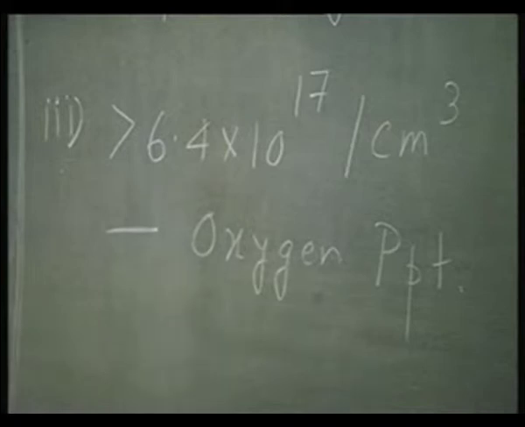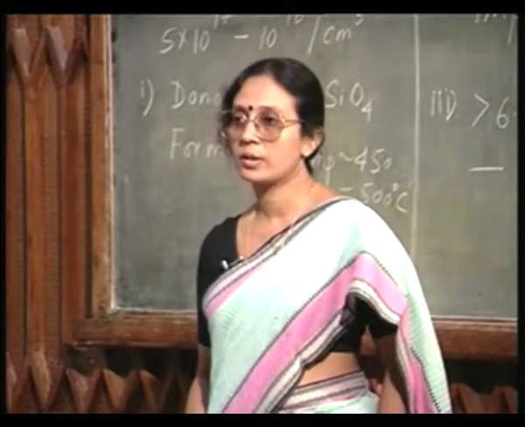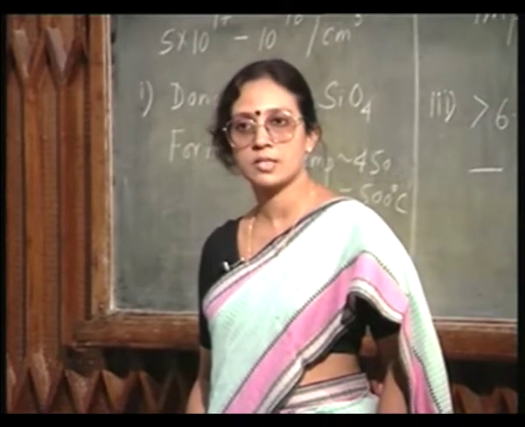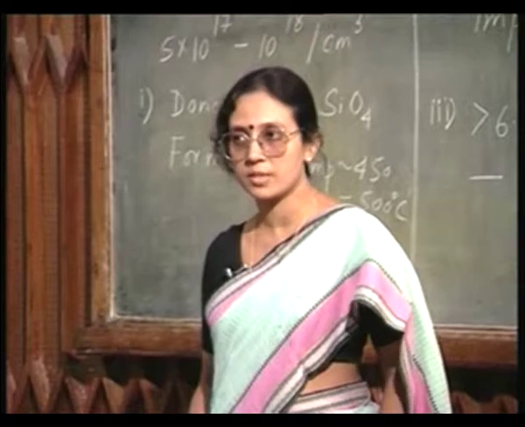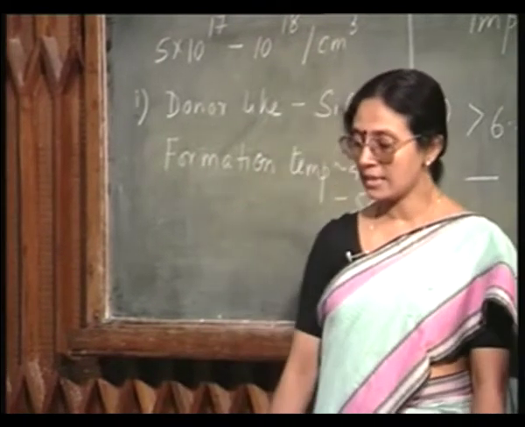Remember what we said about precipitate formation? The solubility is going to reduce with decreasing temperature. Therefore, when the crystal is being cooled down, if the oxygen concentration is greater than 6.4 × 10^17 per centimeter cube, this is going to be precipitated in silicon.